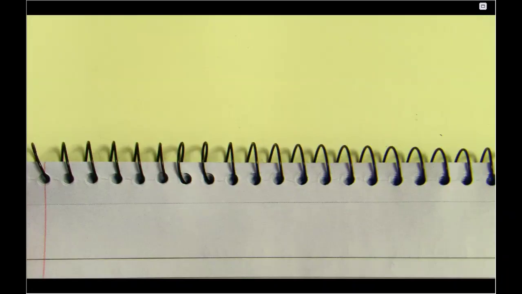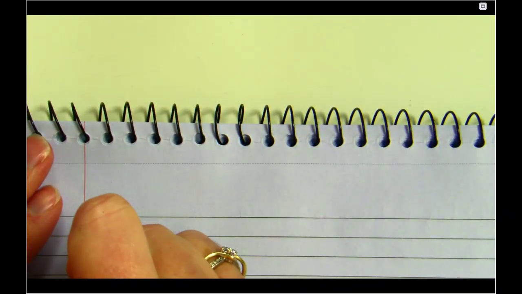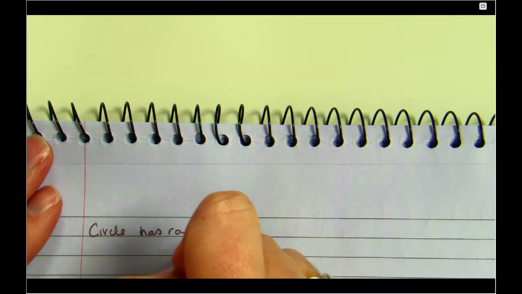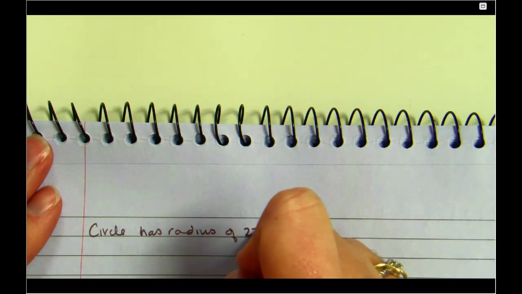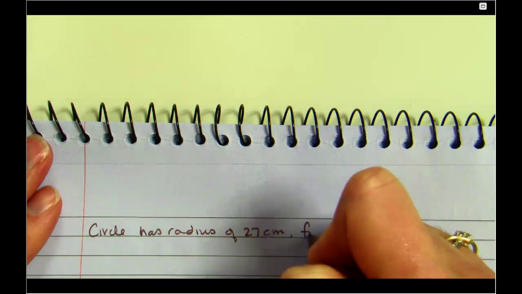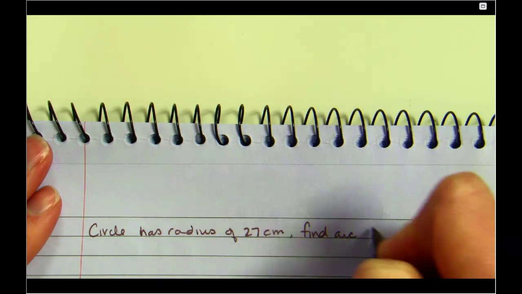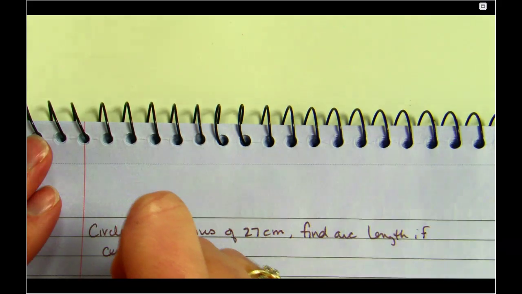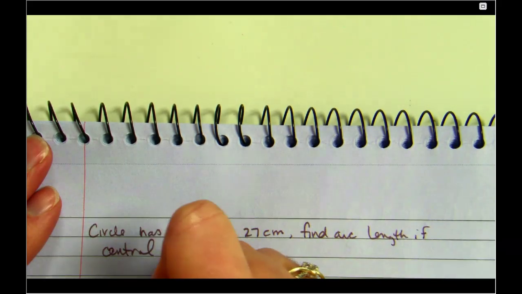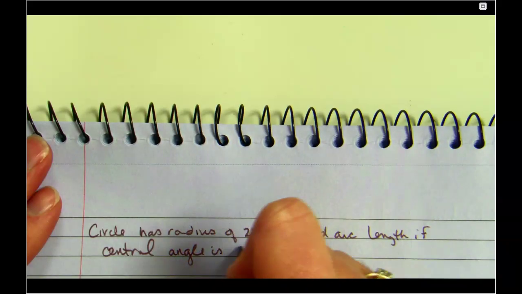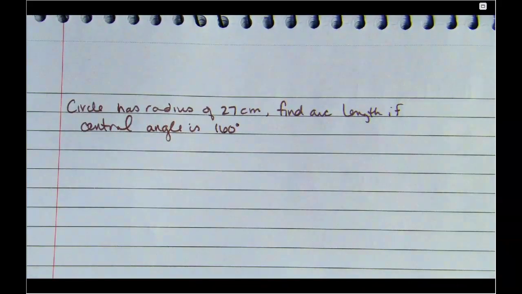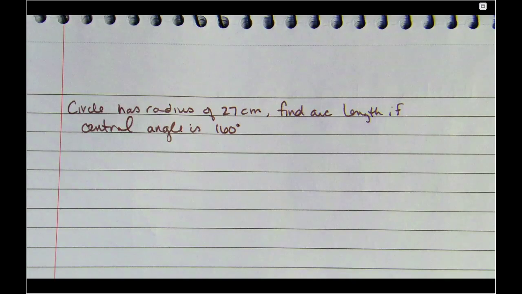Same question. A circle has a radius of 27 centimeters. Find the arc length if the central angle is 160.